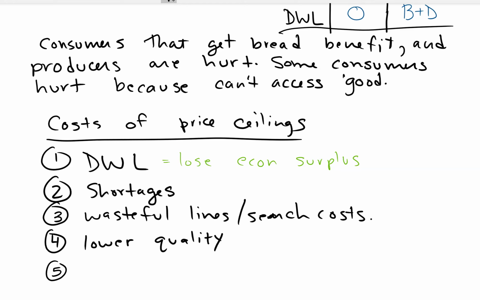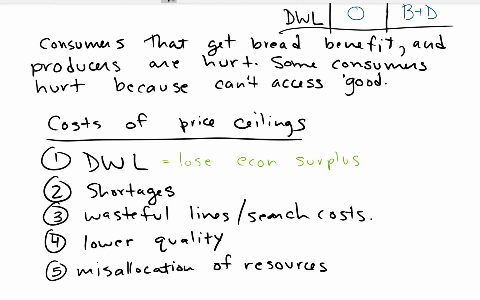And then the final one, you might have some misallocation of resources. Okay, so the price mechanism helps us to allocate the resources from the companies that produce them for the least cost to the people who are willing to pay the most. And if the price is not helping to do the distribution because the price is below the market, then sometimes people won't get the good in that order.